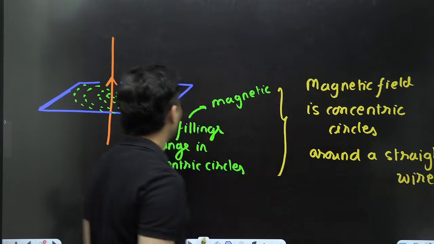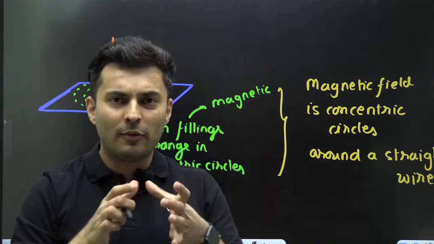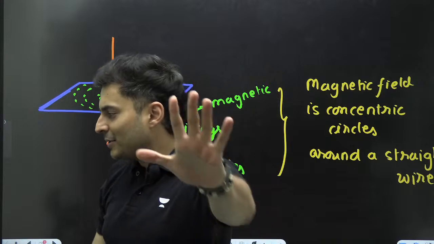Keep this in mind. If this wire carries some current, then the magnetic field lines are in the form of concentric circles. Is this much part clear?